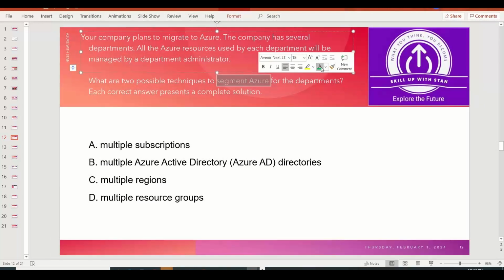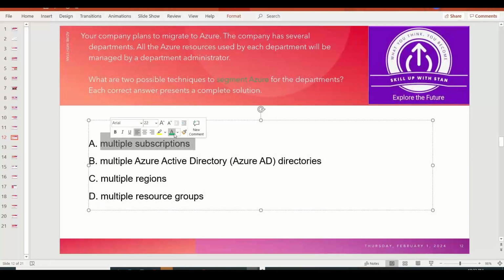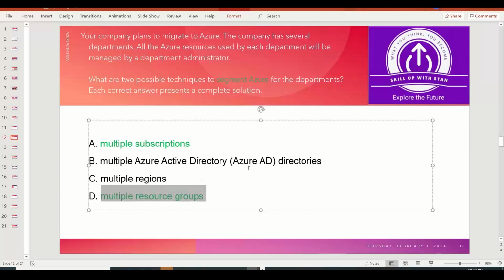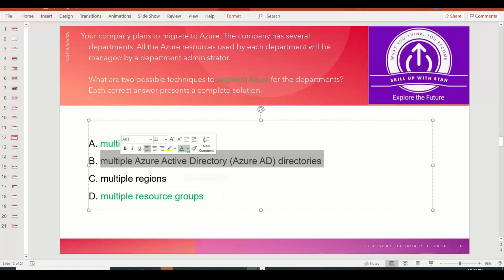You can group them using different subscriptions, or you can group them using multiple resource groups. The other two options are mainly for when you have multiple sub-organizations within your company; you can go for a different AD tenant. If they have a separate AD domain, you can have separate tenants or directories created for each of them.